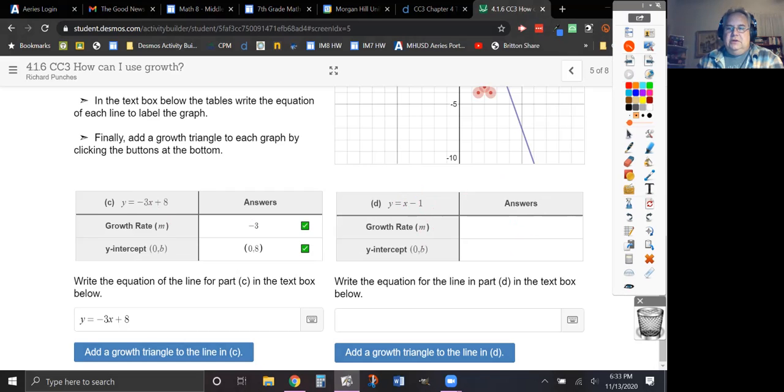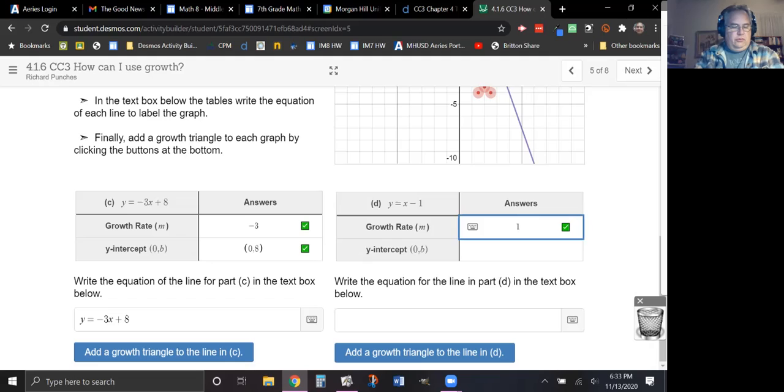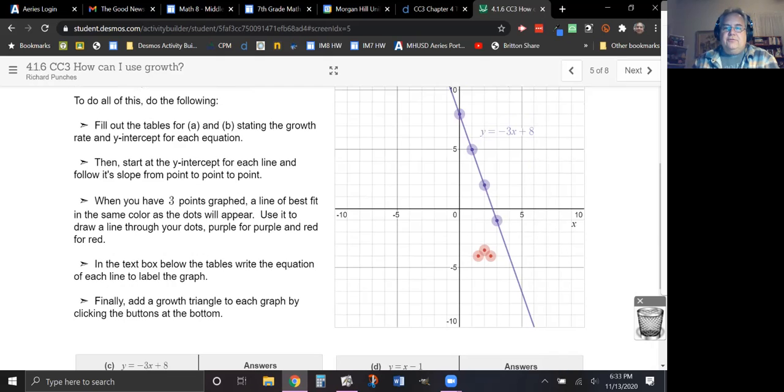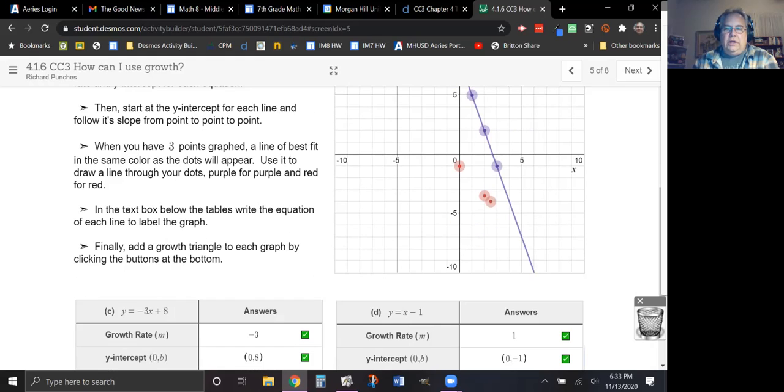Let's go ahead and type those in, and then we'll go from there. So let's see, a 1 growth rate and a 0, negative 1 figure 0. And let's graph them. So starting at negative 1, and this one says grow by 1 when you advance a figure. So we're going to grow 1, advance a figure.